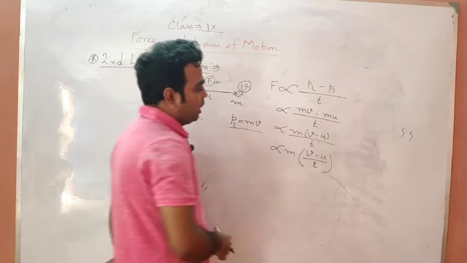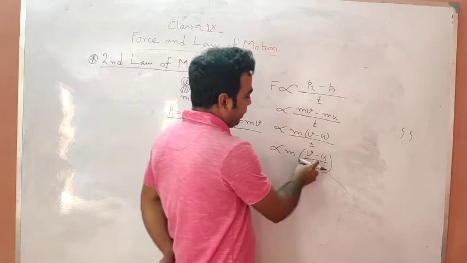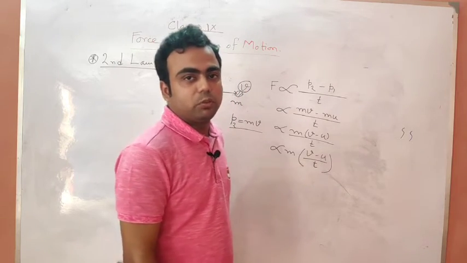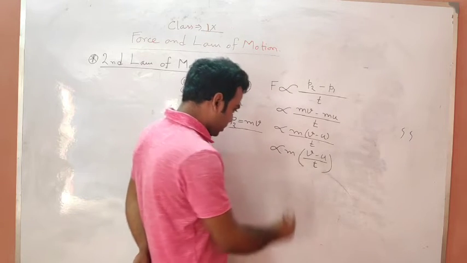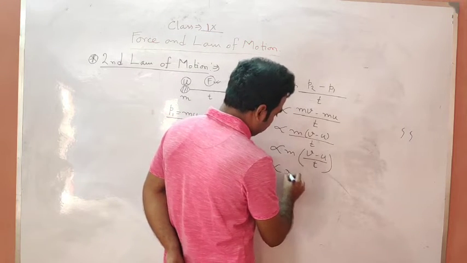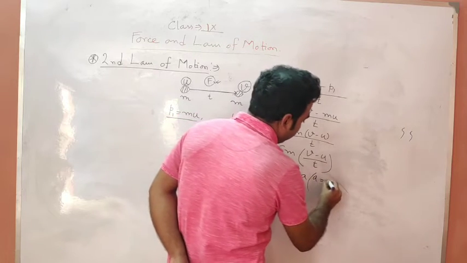Now (v minus u) divided by t means change of velocity divided by time, that means the rate of change of velocity, and the rate of change of velocity means acceleration. So F is proportional to ma, where a is the acceleration.